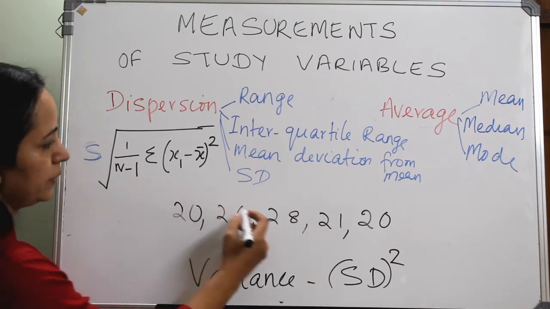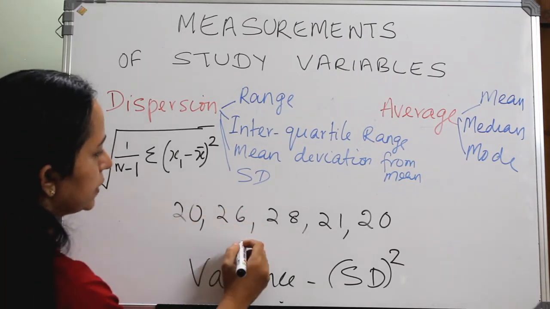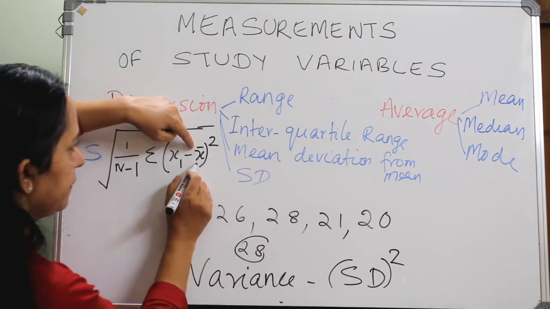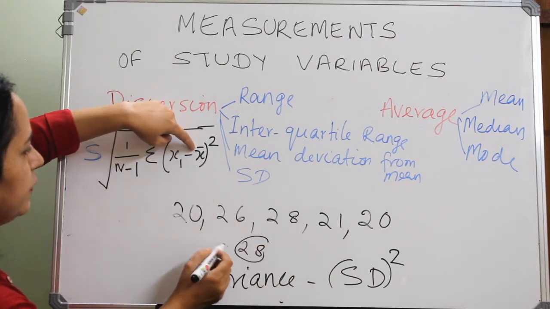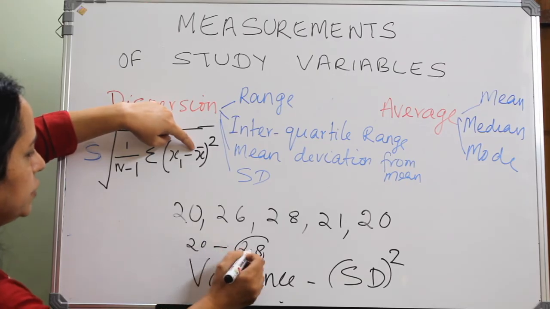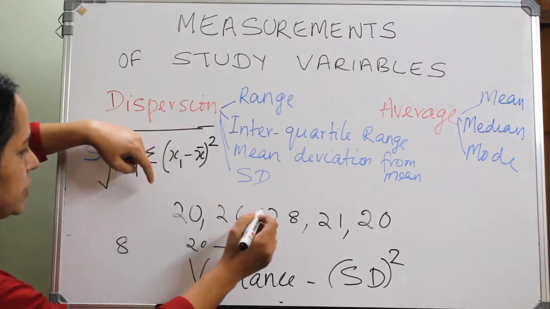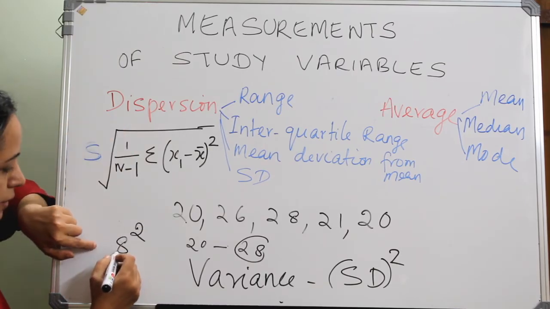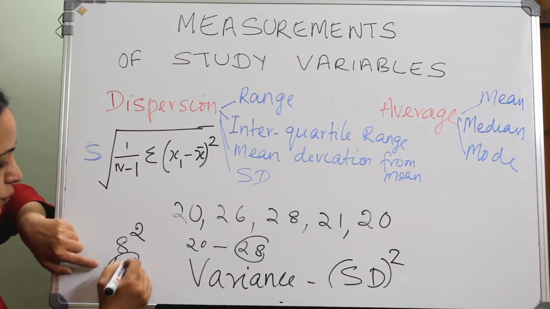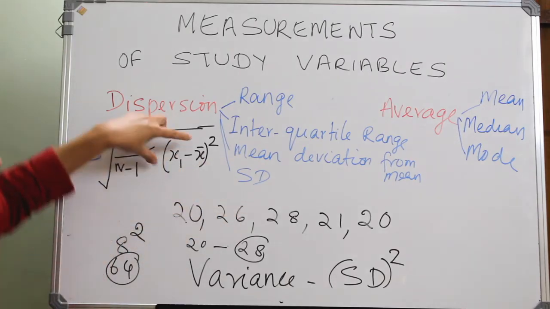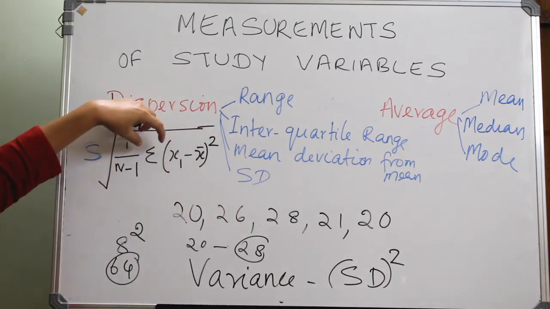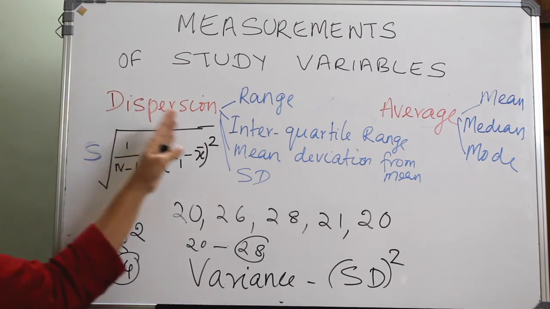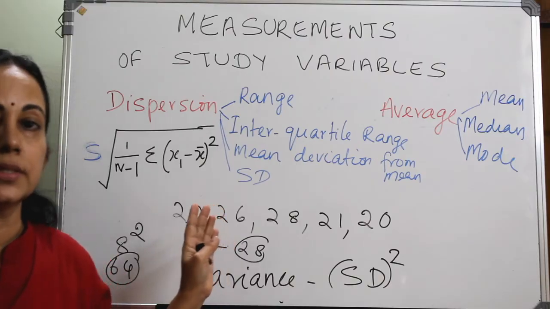So if the mean came to be 28, then you find the difference from 20 to 28, that is 8. For each value you calculate the square of this, so it becomes 64. Like that, for each value you find out, then you take the sum of all that and then take the square root, and you get the standard deviation.